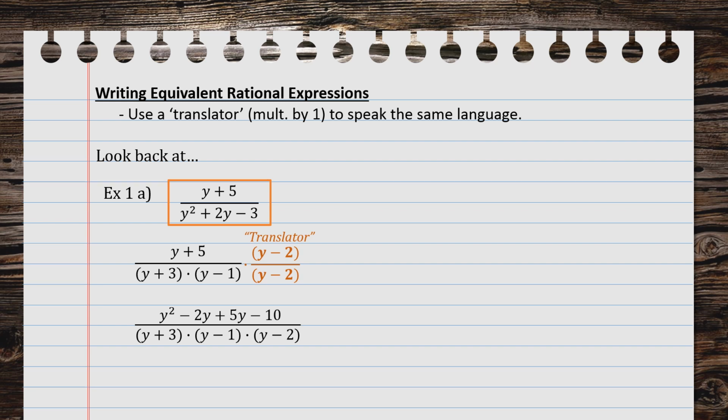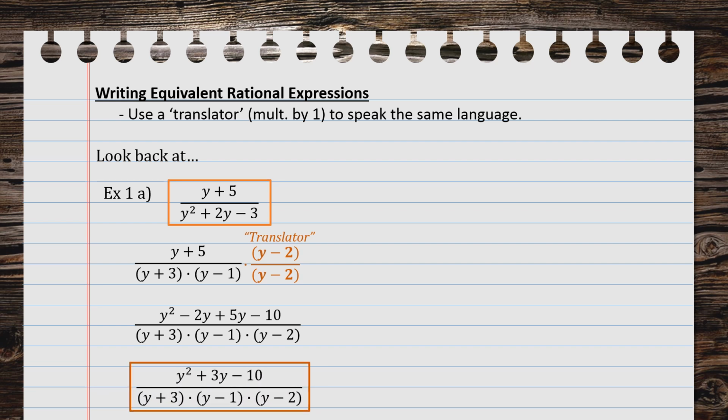Once multiplied, we want to combine any like terms, and notice the two terms in the middle do simplify, and so your new equivalent fraction is y squared plus 3y minus 10 all over y plus 3 times y minus 1 times y minus 2. Those two fractions are the same thing, they just look different.